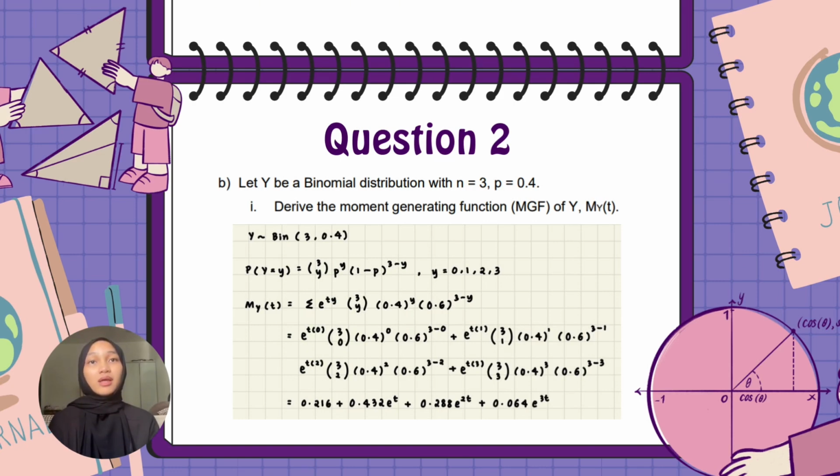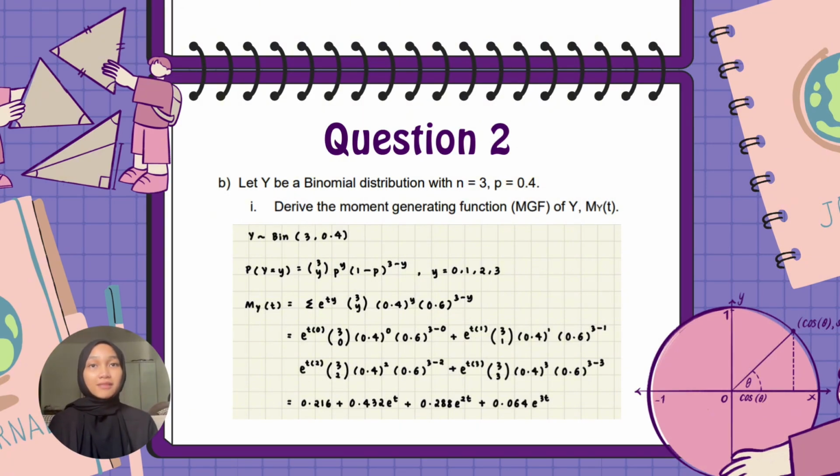So the moment generating function of Y is equal to the sum of e to the power of ty multiplied with the binomial function, which is 3 choose y, 0.4 to the power of y, and 0.6 to the power of 3 minus y. We know that p is 0.4 while 1 minus p is 0.6.